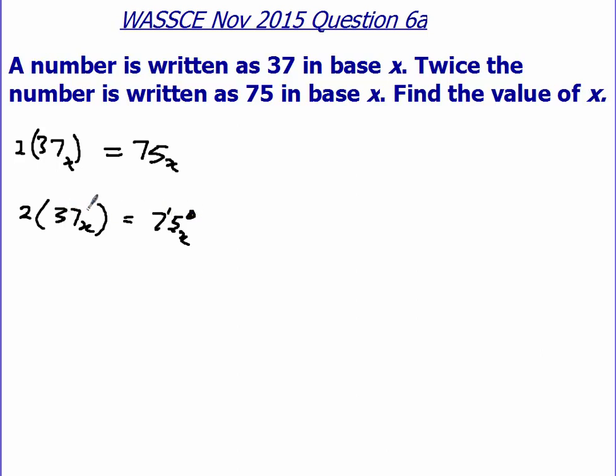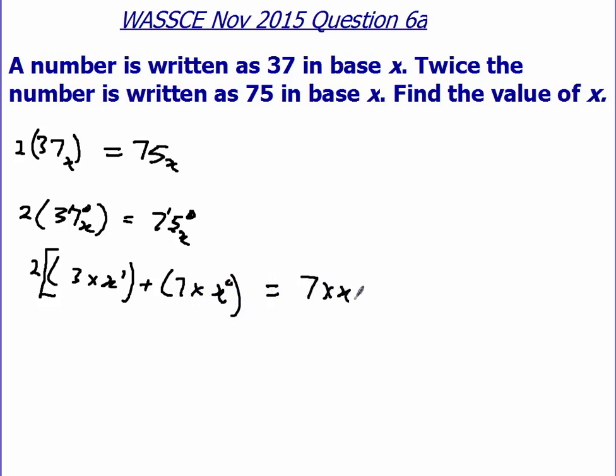Therefore 2 bracket 3 times 3 times x to the power 1 plus 7 times x to the power 0 equal to 7 times x to the power 1 plus 5 times x, exponent 0.